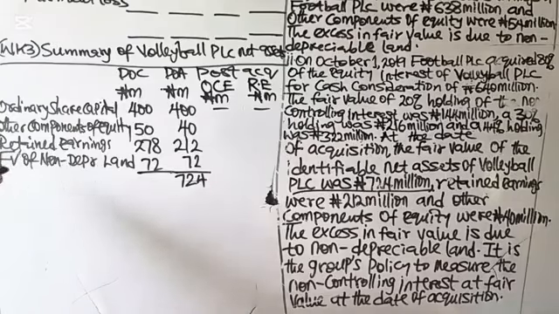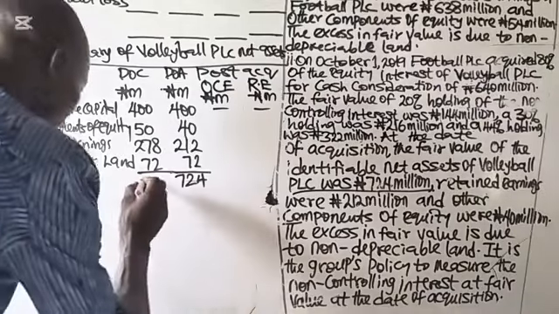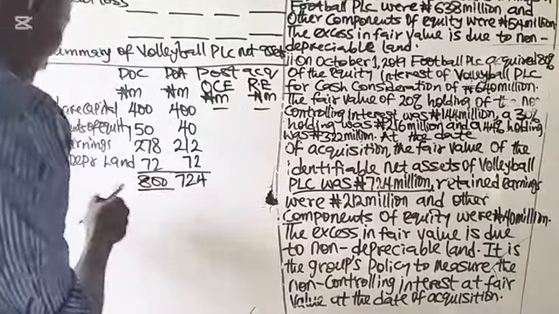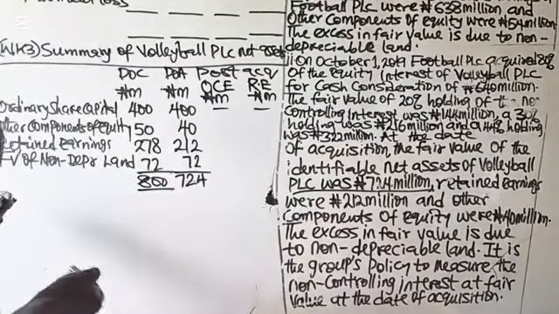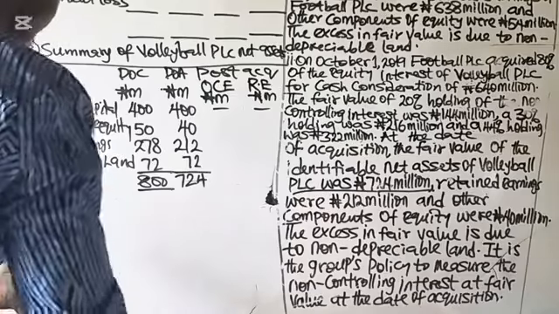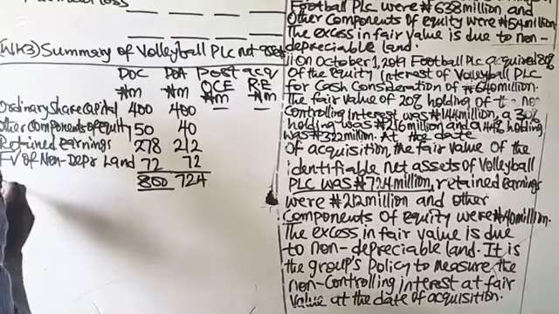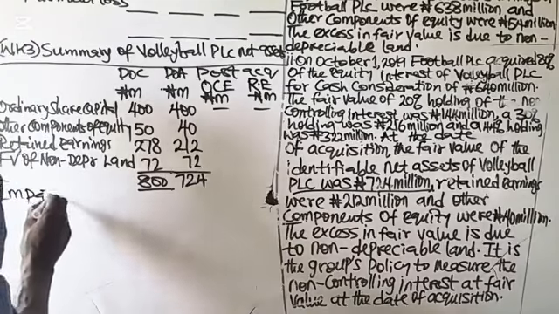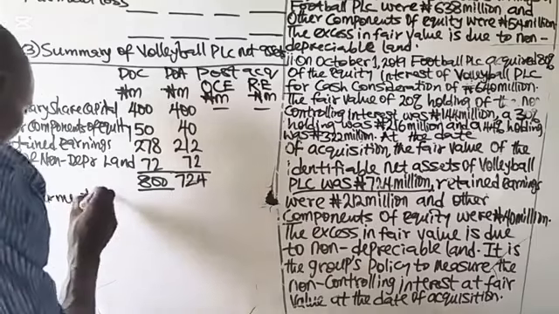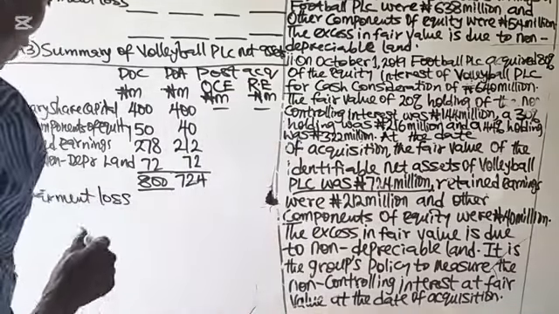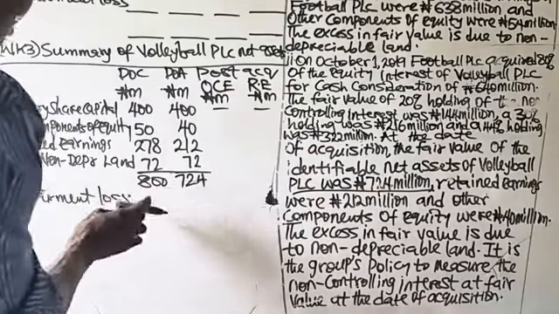So this totals 800. Land is not a depreciable asset, so you don't need to charge any depreciation. If you have impairment loss, since the policy is fair value, you charge it in the summary of subsidiary net assets.